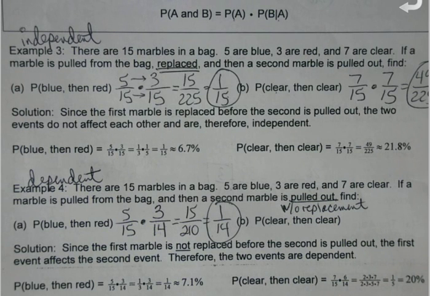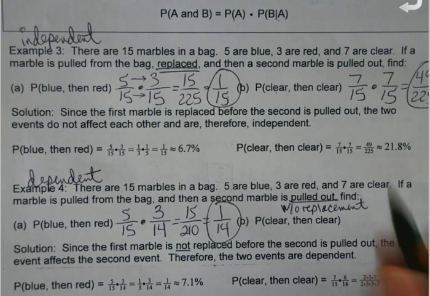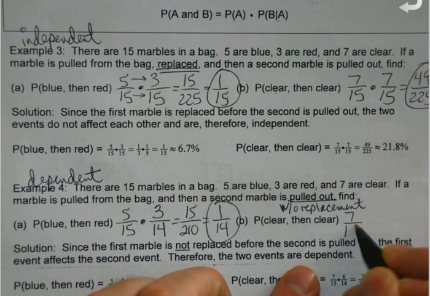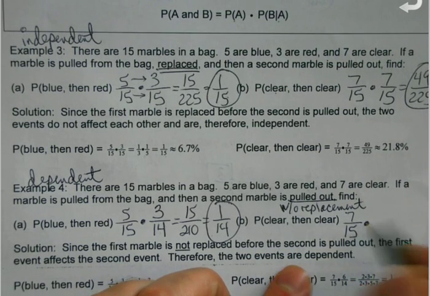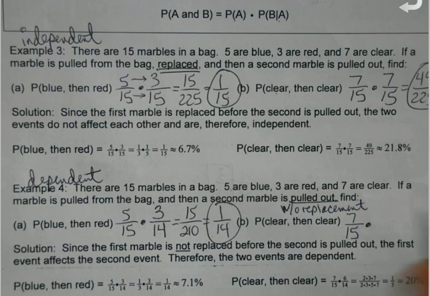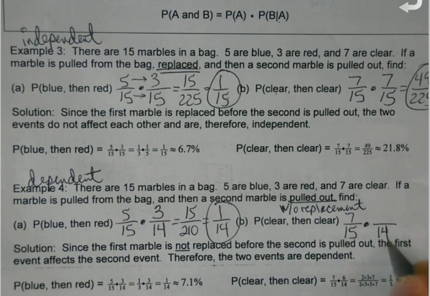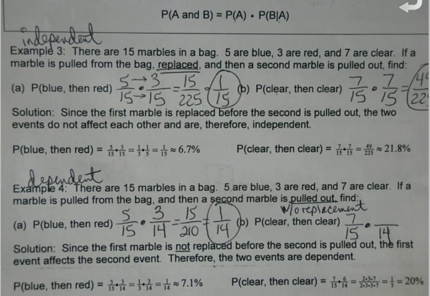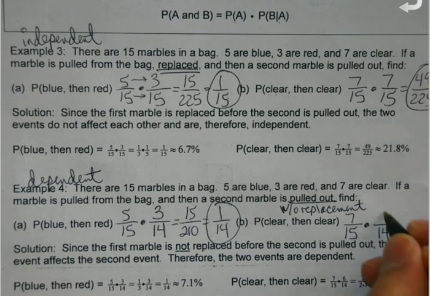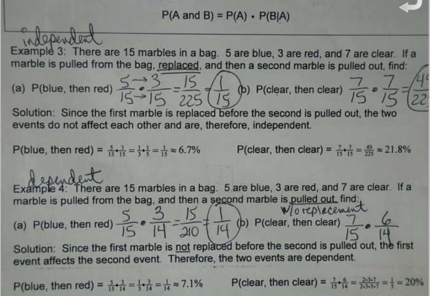And I worked that out. Okay? So with dependent events, my odds changed a little bit. Excuse me, my probability did. And then clear with clear. Now here I really got to be careful. My first one will still be the same. There's 7 clear, there's 15 total. But if I keep that clear one out, not only do I lose one from my possibilities in the bag, but one of the clear ones has disappeared as well, so there's only 6 now.